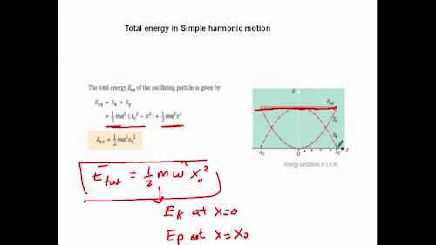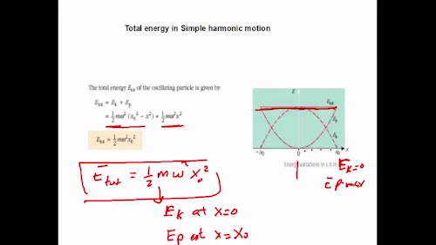So if you come here, kinetic energy equal to 0, but potential energy is maximum, which is equal to half m omega square x naught square. So the sum of them will give us the total energy.